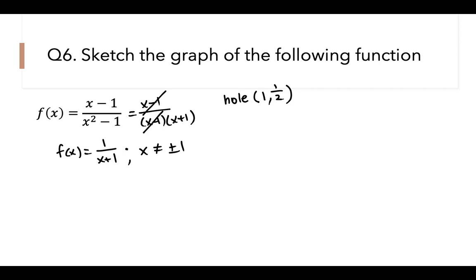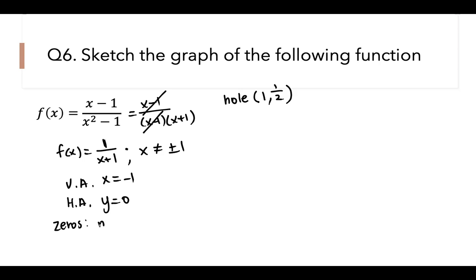Now let's see. So we do have a vertical asymptote at x is equal to negative 1. And we do have a horizontal asymptote. For the horizontal asymptote, the degree in the denominator is bigger. So that means y is equal to 0. And to find the zeros, you let the numerator equal 0. But the numerator is just 1.